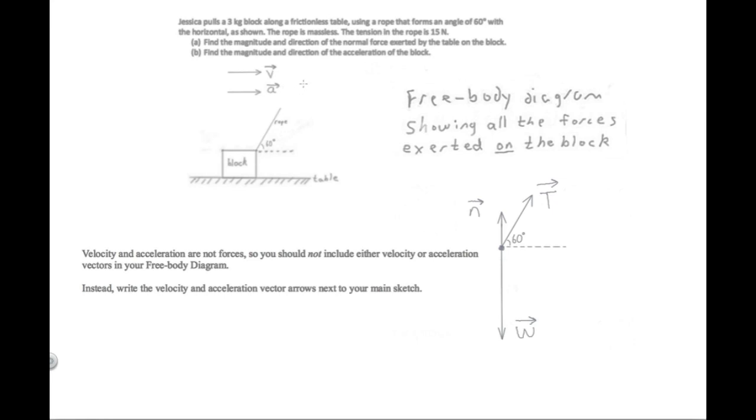The SI units for acceleration are meters per second squared, but the SI units for forces are newtons. And that demonstrates that acceleration is not a force. Don't include velocity and acceleration vectors in your free body diagram. Instead, it's helpful to write the velocity and acceleration arrows next to your main sketch, as we've done here.